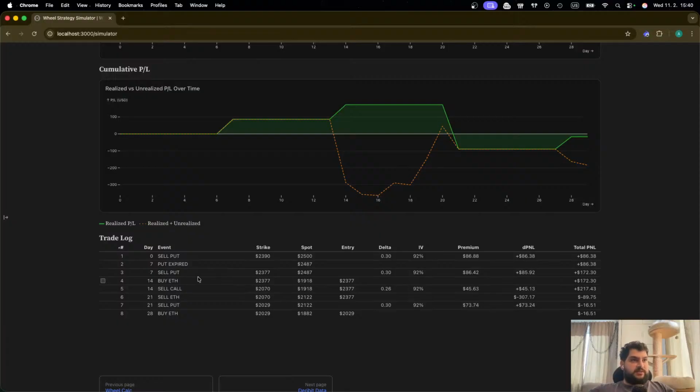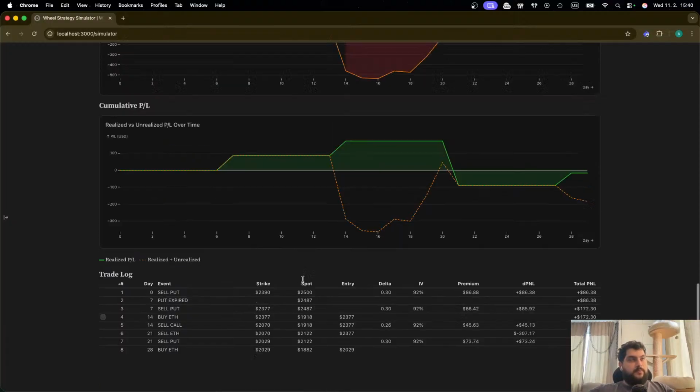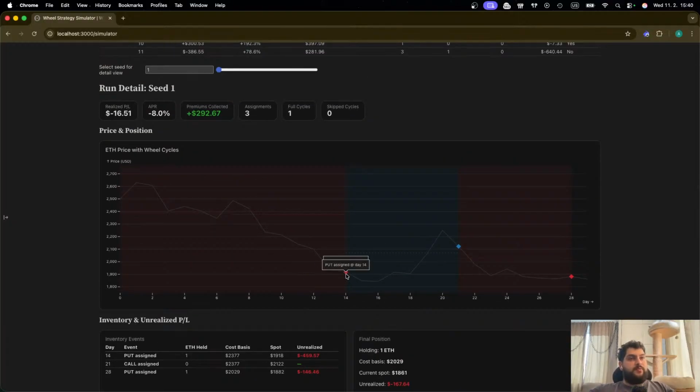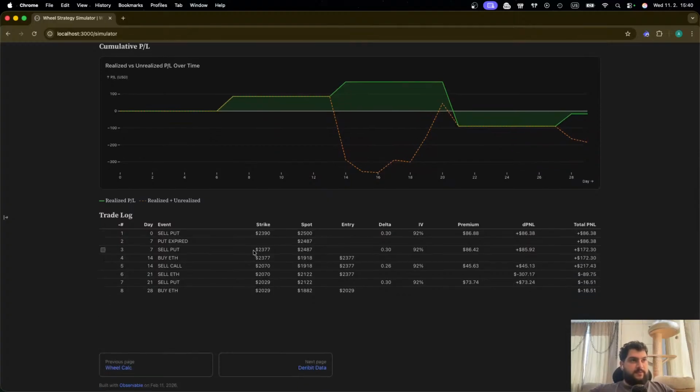Then we purchased Ethereum here because we were assigned. So at the end of the second period, we purchased Ethereum at a slightly lower price, but it doesn't matter. It doesn't affect our P&L much.